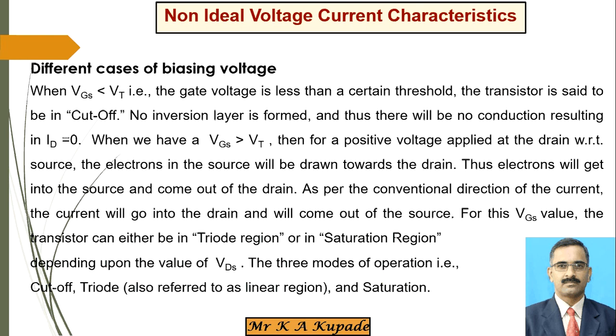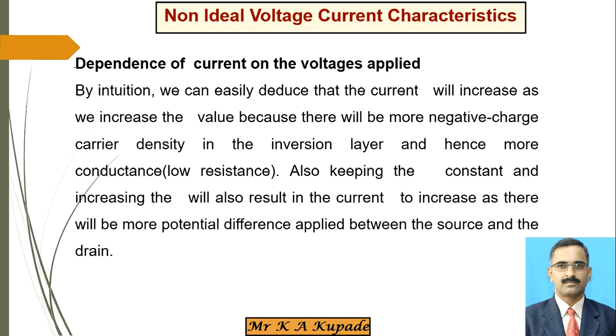But that current flow is controlled by the voltage VGS. Remember that. Now there are three modes of operation: cutoff region, triode, that means linear region, and saturation region.